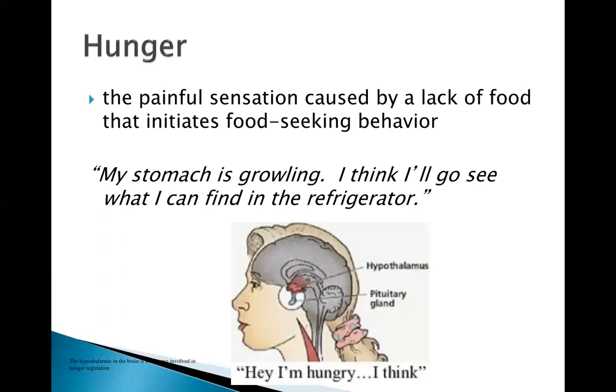Sometimes cold weather increases appetite and hot weather decreases appetite, but that's not necessarily universal. With physical activity, you can work up an appetite, be hungry because you just did a big workout. And hormones also play a role in hunger. So hunger is a physiological response to not having enough food.